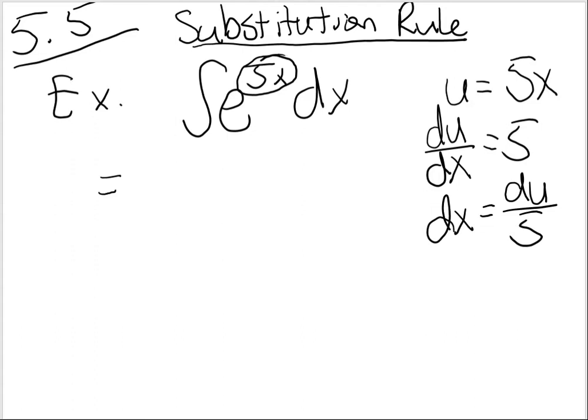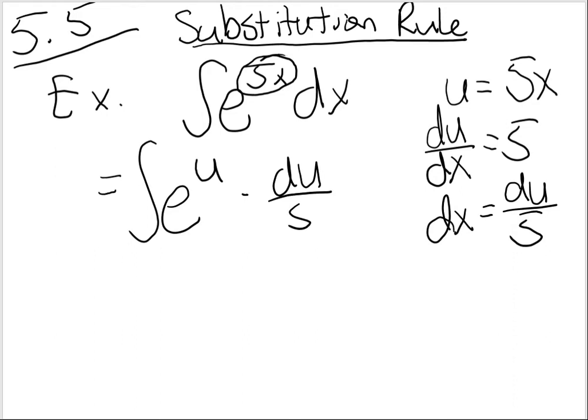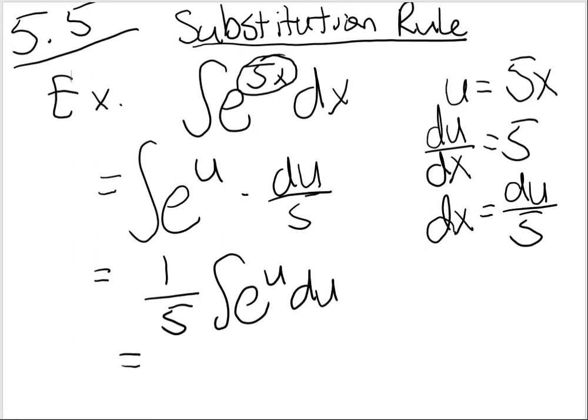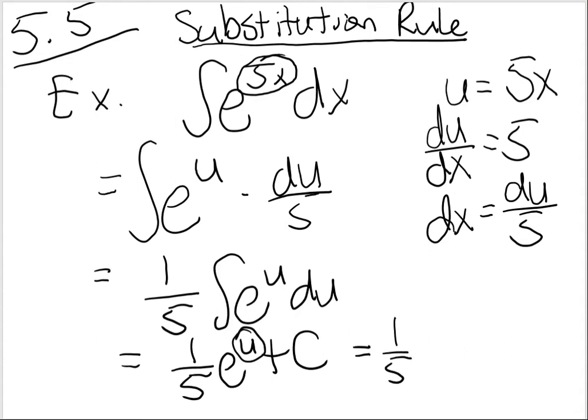Okay, so let's go back to this integral. It's going to be e to the u, and then times du over 5. Constants pull out of integrals. This is the integral of e to the u du, or 1/5 e to the u plus c. And then remember, at the end of these, always substitute back the u if it's an indefinite integral.